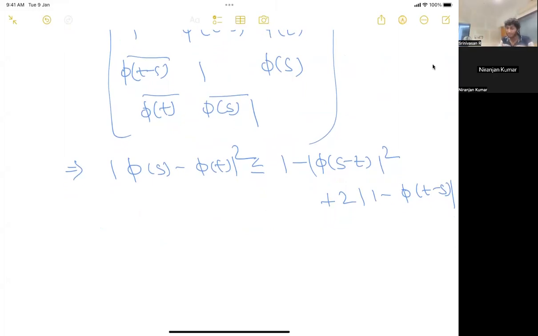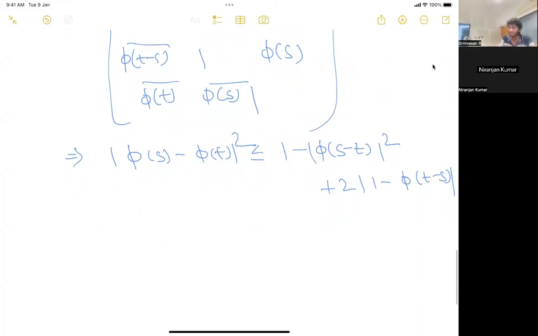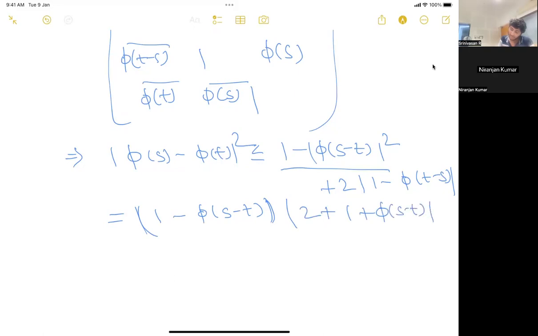This is the following thing we'll get after expanding this determinant, which will equal, we just factorize this term and then take this out as common, 2 plus 1 plus phi of s minus t.